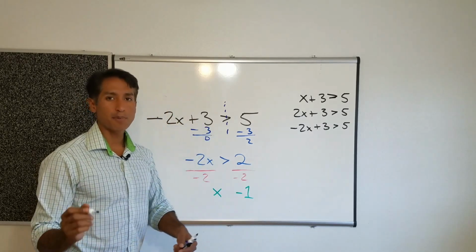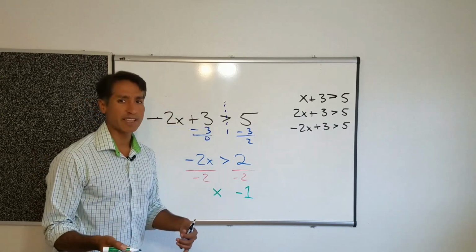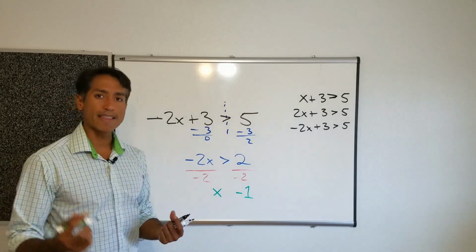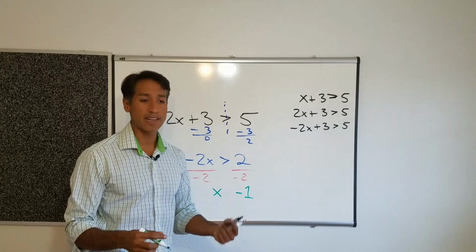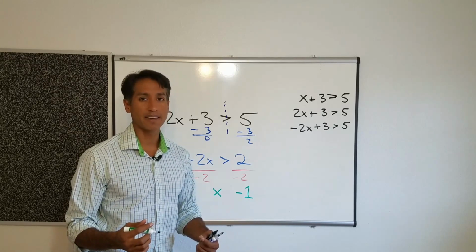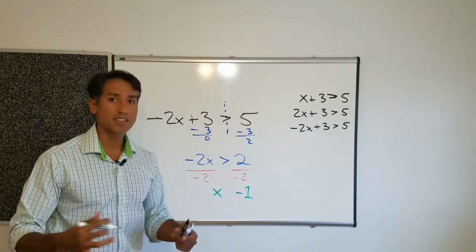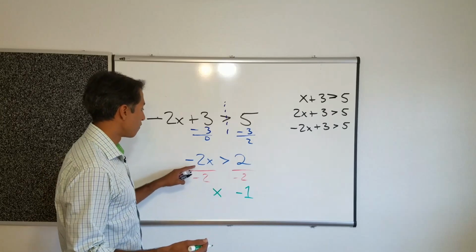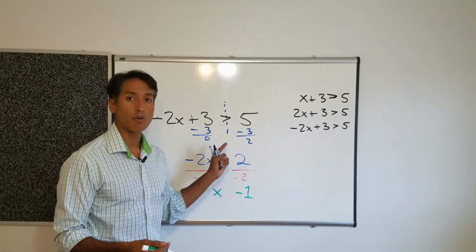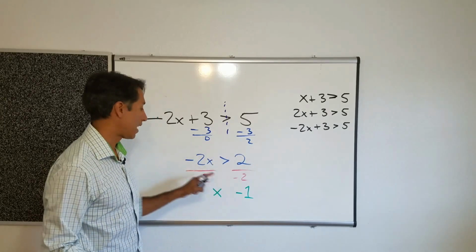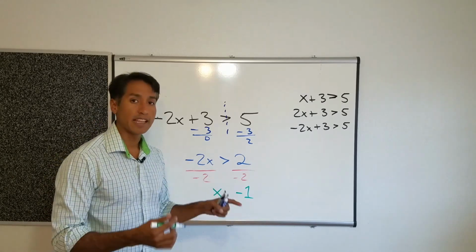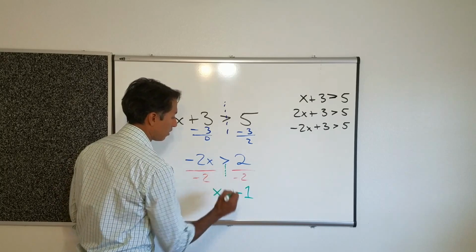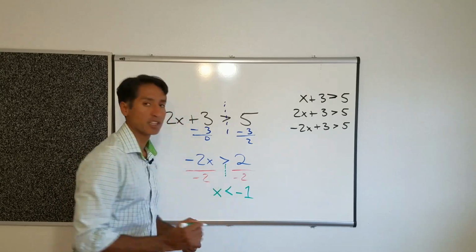Okay, now there are a couple of proofs and theorems and rules that explain why this happens. And maybe if you guys really want to know, I can make a separate video on it. It can get a little bit complicated, but the basics of the rules say that when you multiply both sides or divide both sides by a negative value, like we did here, the inequality sign or symbol changes direction.